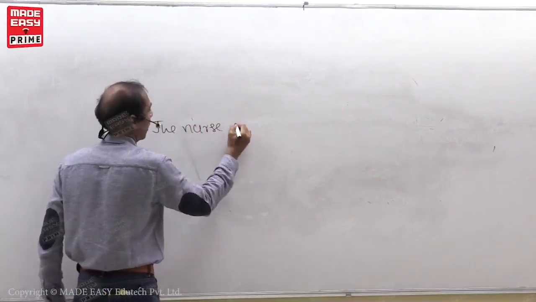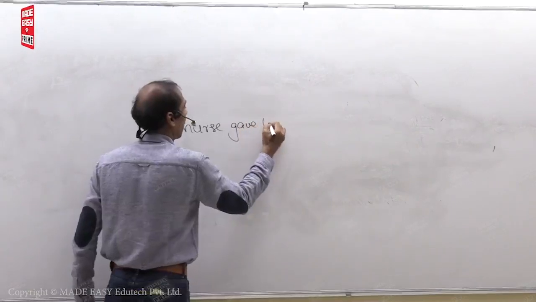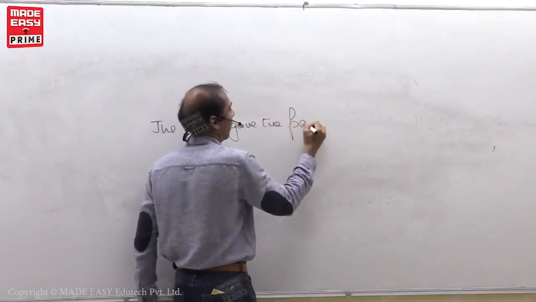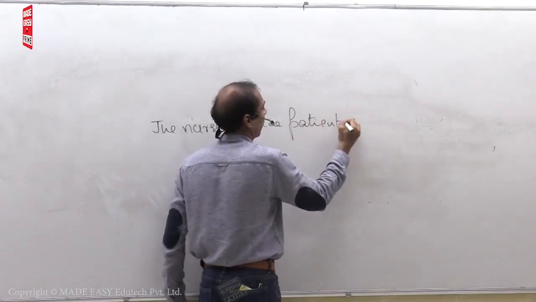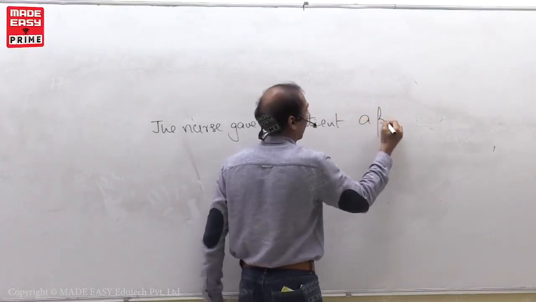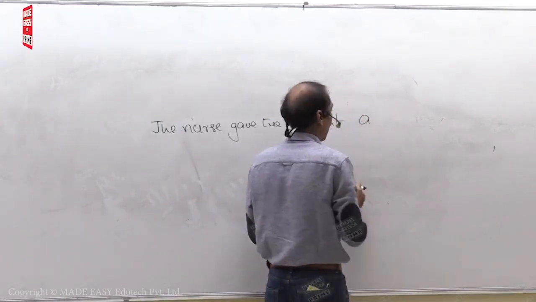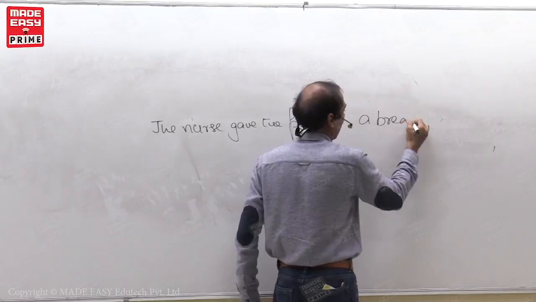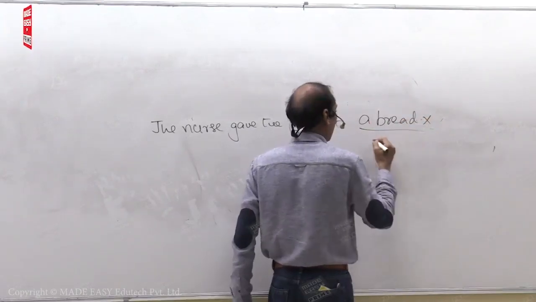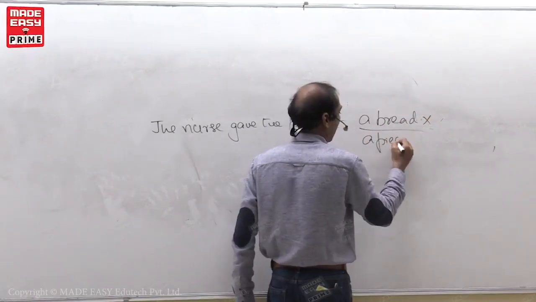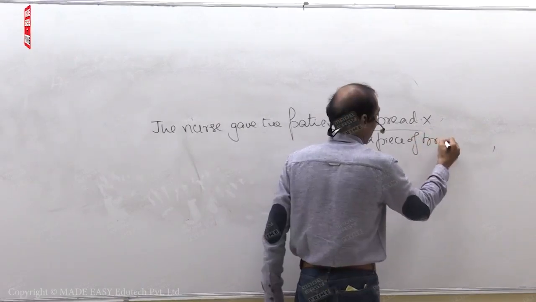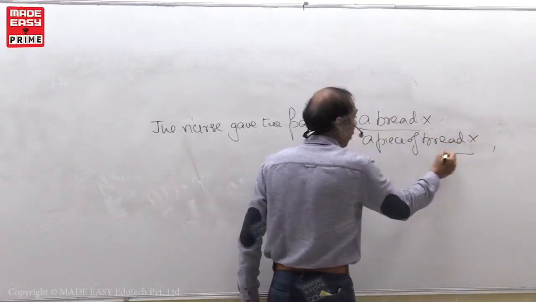The nurse gave the patient a bread. Wrong. A piece of bread. This is also wrong.